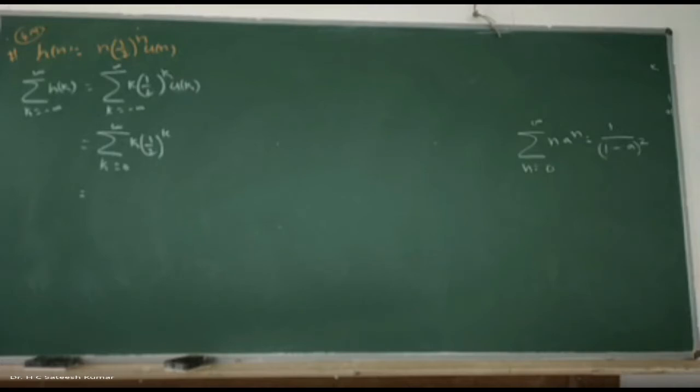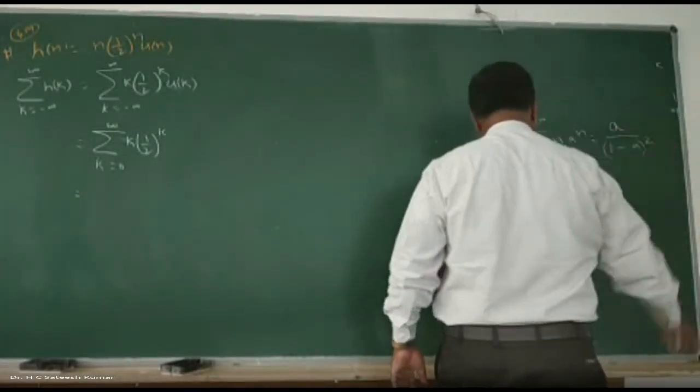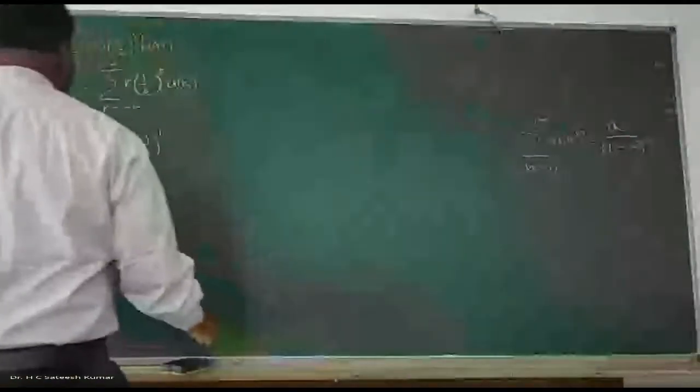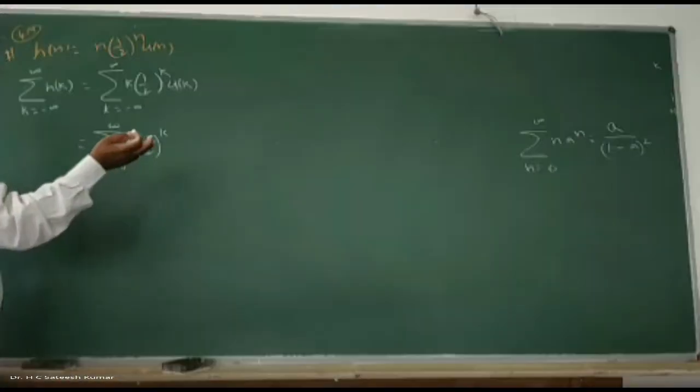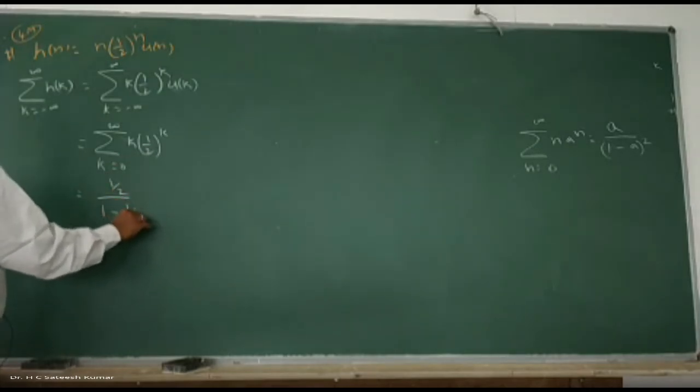It is a divided by (1 minus a) whole square. Therefore, what can we write? Same way, provided magnitude of a is less than 1. So here it is less than 1. So half divided by (1 minus half) whole square.